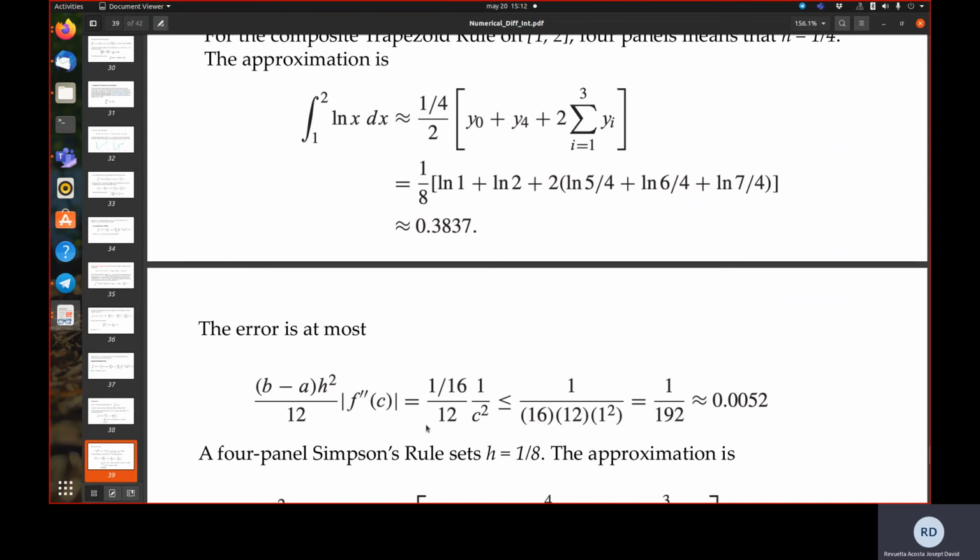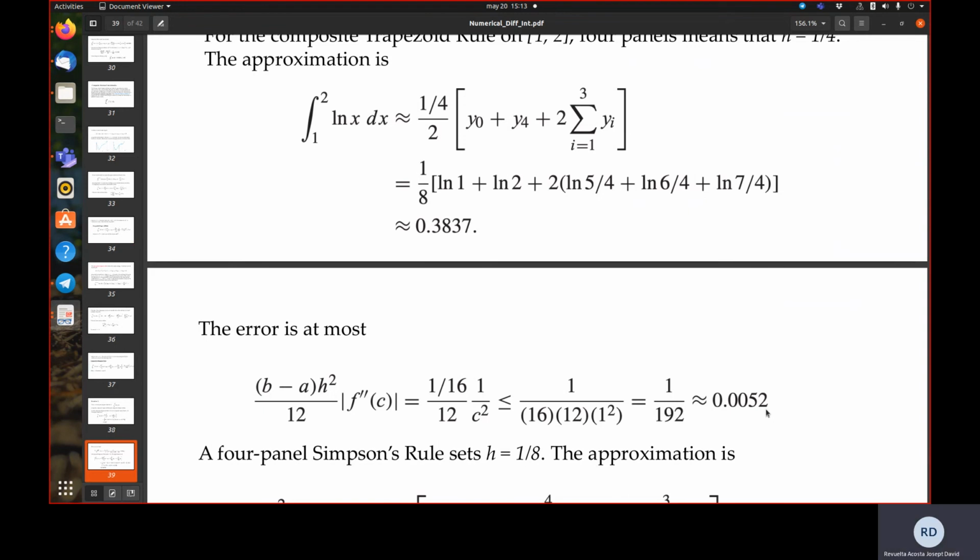Then you just take it down here, and then of course we are assuming the value of 1, which is actually the interval of the approximation squared, this is going to be 1 divided by 192, which is approximately equal to 0.0052.